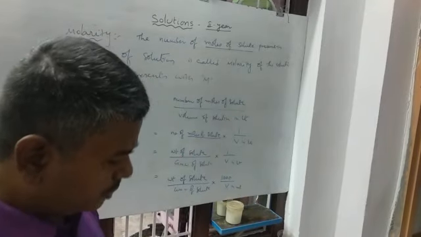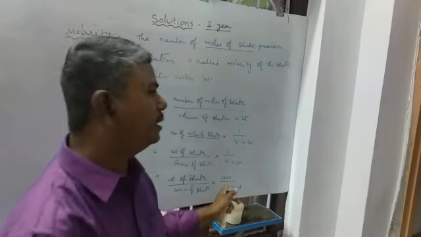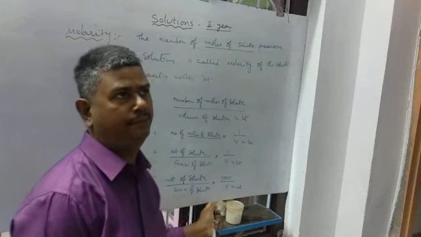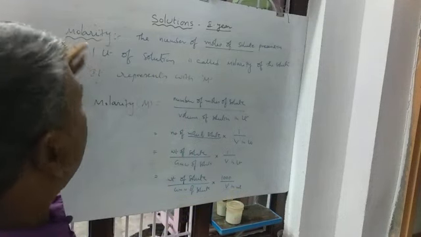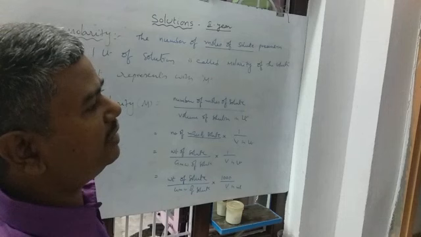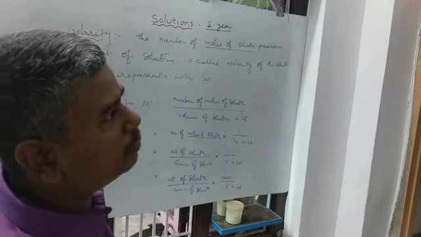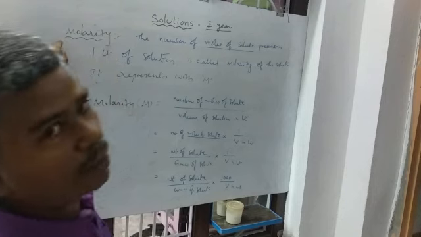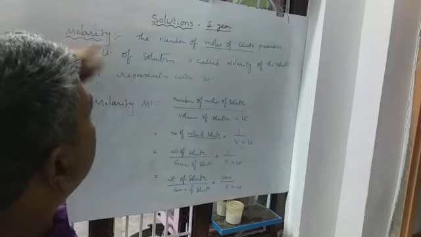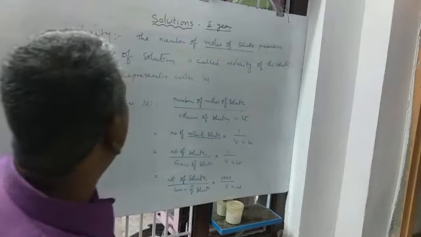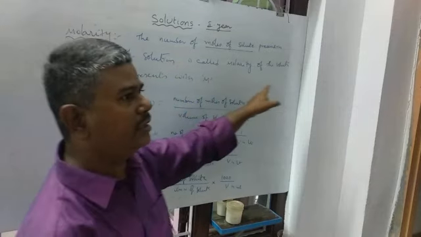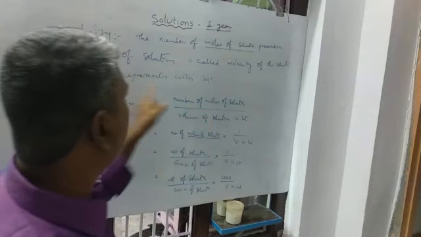That means if the solution volume is given in milliliters, then it is converted accordingly. So if the concentration of the solution is expressed in terms of moles, it is said to be molarity. Molarity is defined as the number of moles of solute present in 1 liter of solution, and it is represented with the capital letter M.